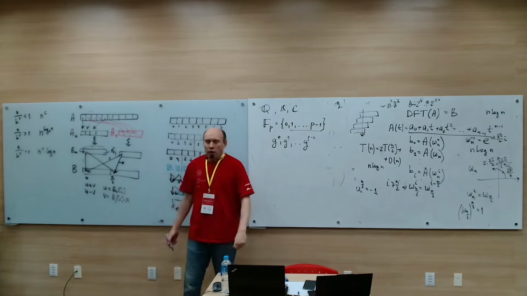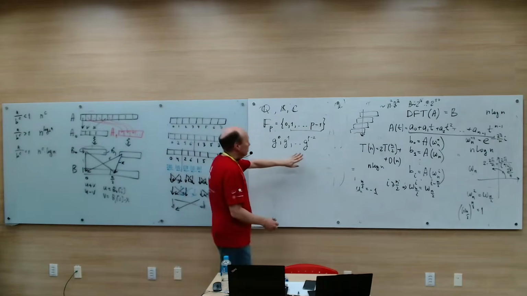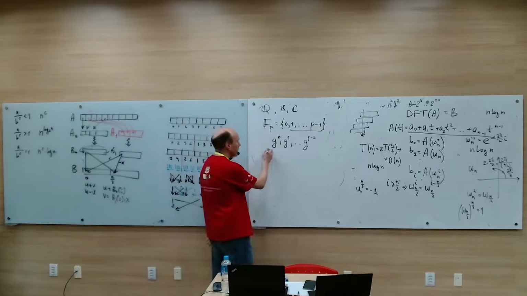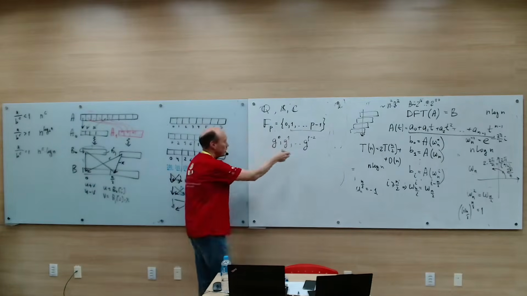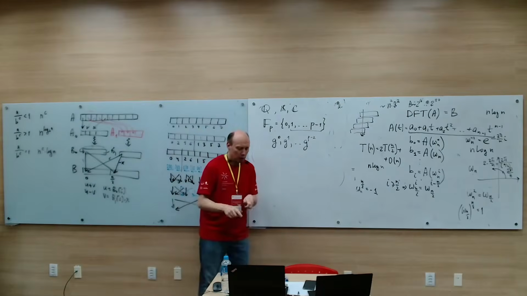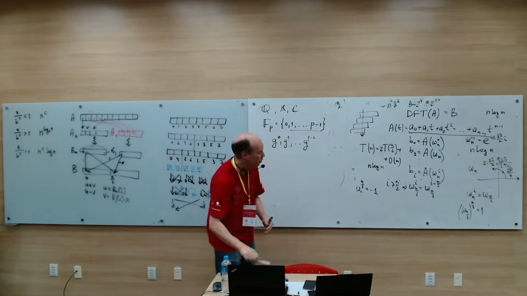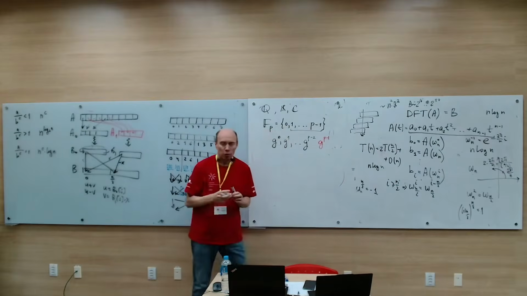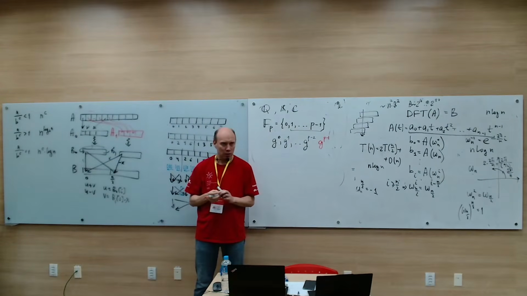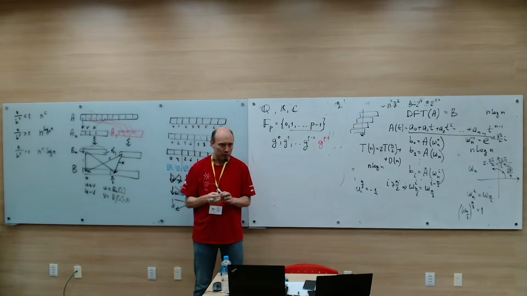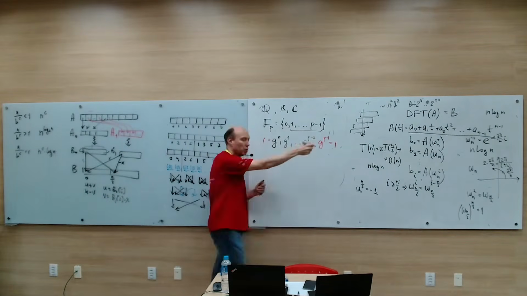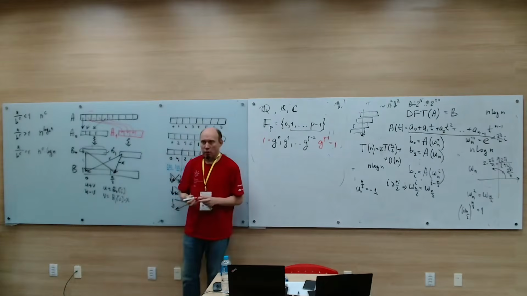Now, since it is cyclic, if we write down the next element of this geometric progression, g to the power of p minus 1, what would it be equal to? 1. So this is 1 and this is 1, and then it will go on in a cycle. That's why it's called cyclic.